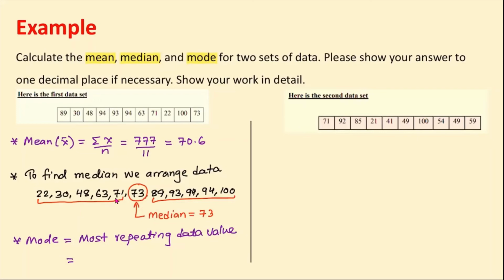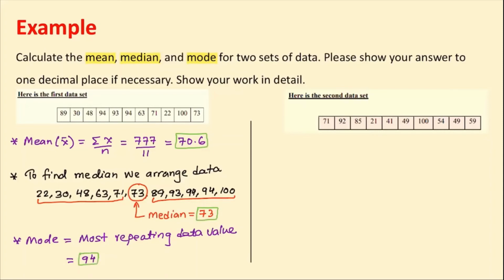As you scan this, you can see that 94 repeats twice. That means your mode is 94. So for the first set of data, we got mean 70.6, median 73, and mode 94.